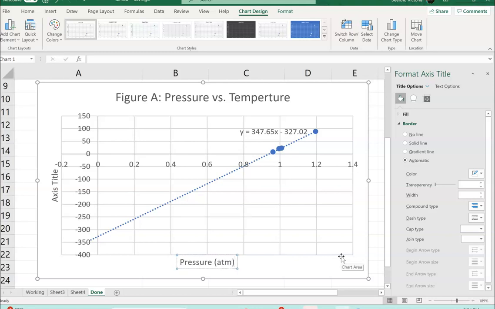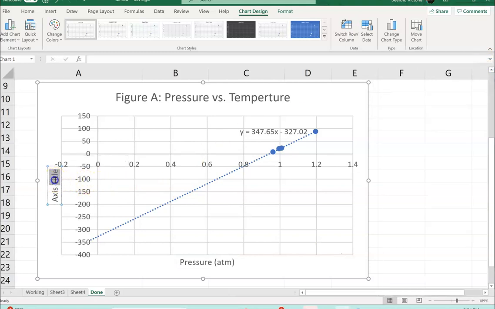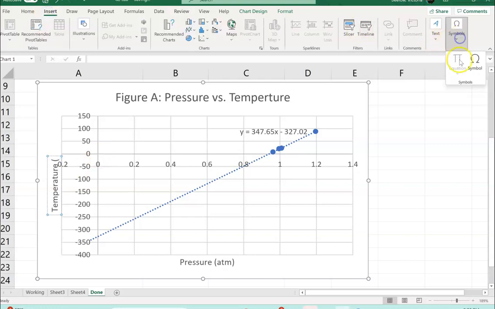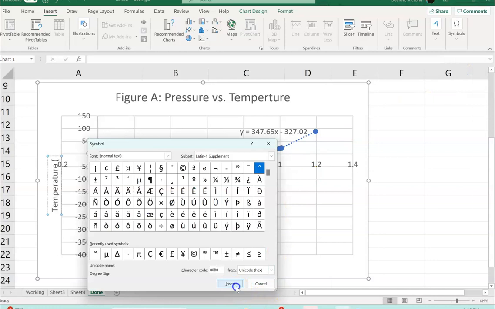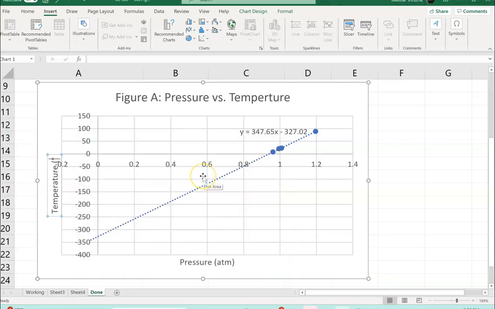So this one, bigger numbers, temperature. And then you will do the degrees Celsius. Because when you read a graph, you want to know what it is, there should be a label on the X and Y, right? I don't know how much you guys do that in math.